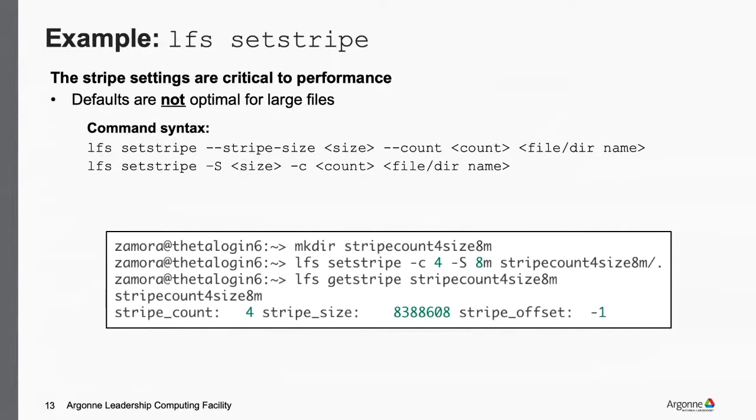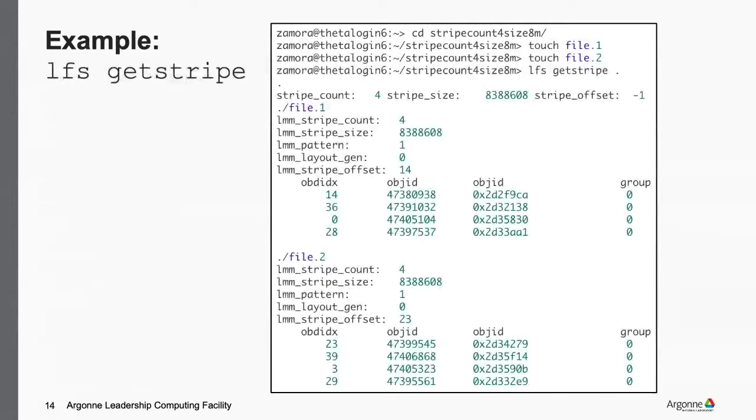Then, as shown there, the next thing is getstripe. So if you want to check, wait, what is my stripe setting for this file? I'm not sure. You can use getstripe. Implicitly, the idea is files created in a directory inherit the directory settings. I'll show later other mechanisms to set the settings, and those can override these.